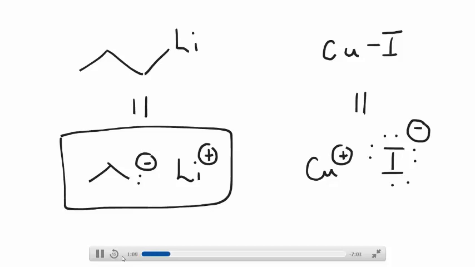Now, copper is a transition metal, so it can have several different stable oxidation states. The most common are +1 and +2. And we're going to see how this one actually goes to a +2 as it loses an electron. I'm not telling you good things, but we're going to look at this process.